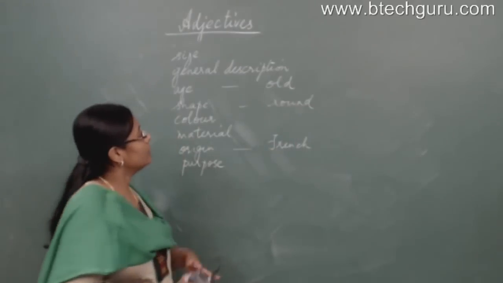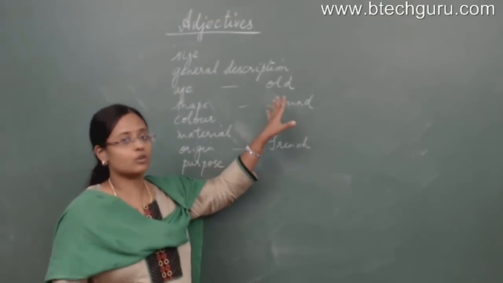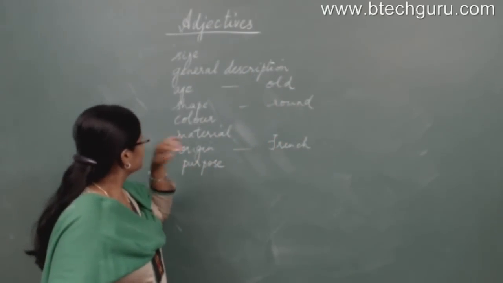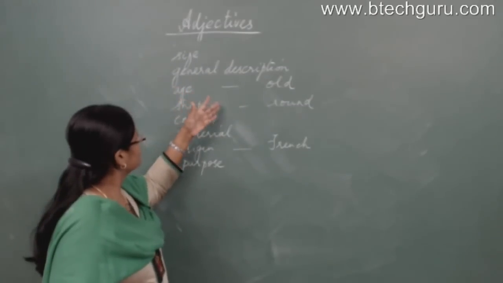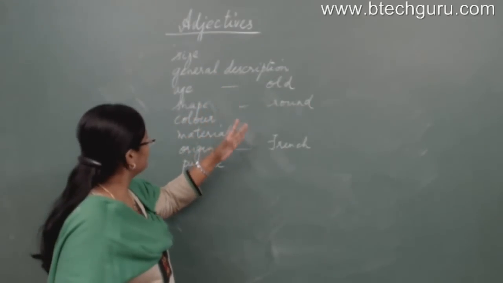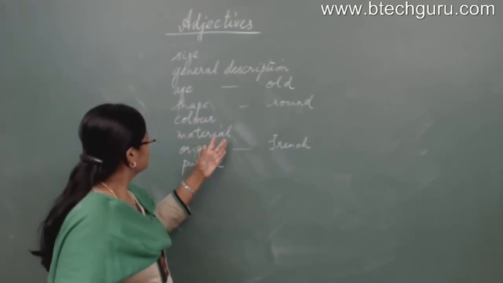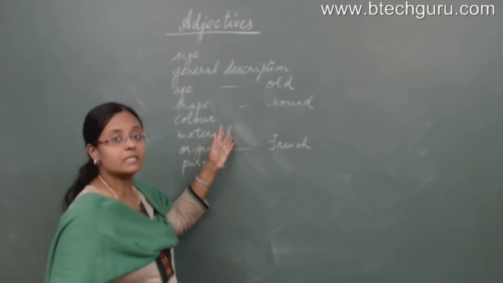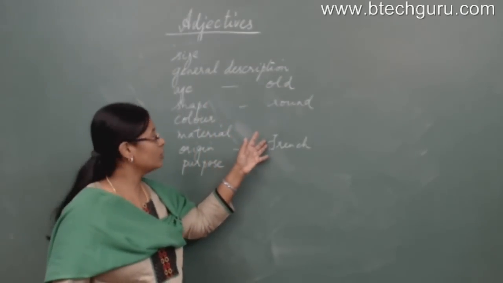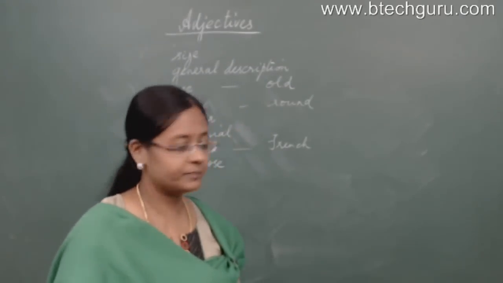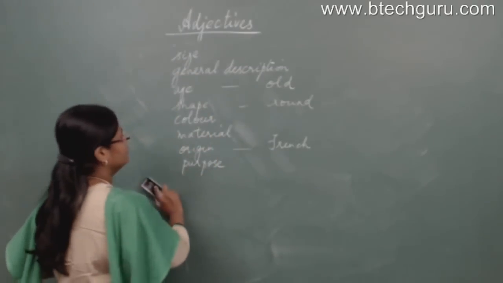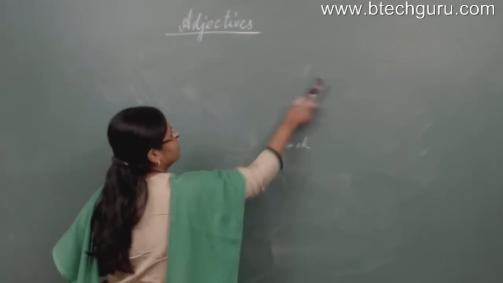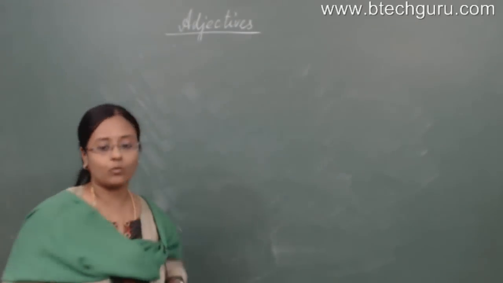We don't say it like round French old clock, no, it is an old round French clock. Then, I bought a new pair of cotton clothes, right? New comes first and then comes the material, cotton, wooden or golden, whatever. So this is the order that we have to follow when you have a series of adjectives talking about a particular noun.